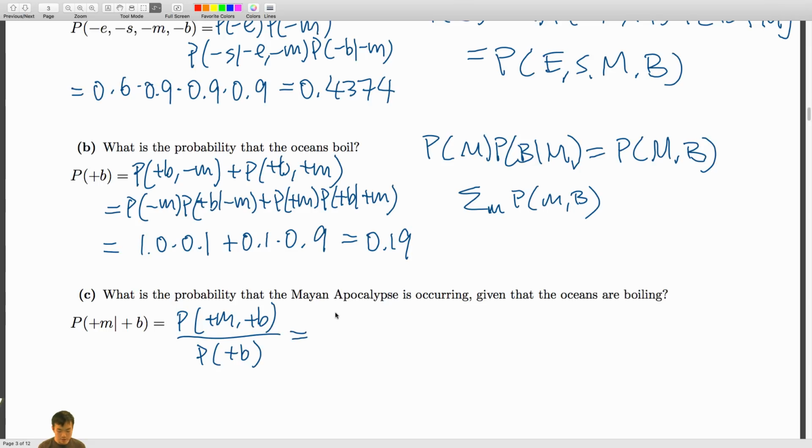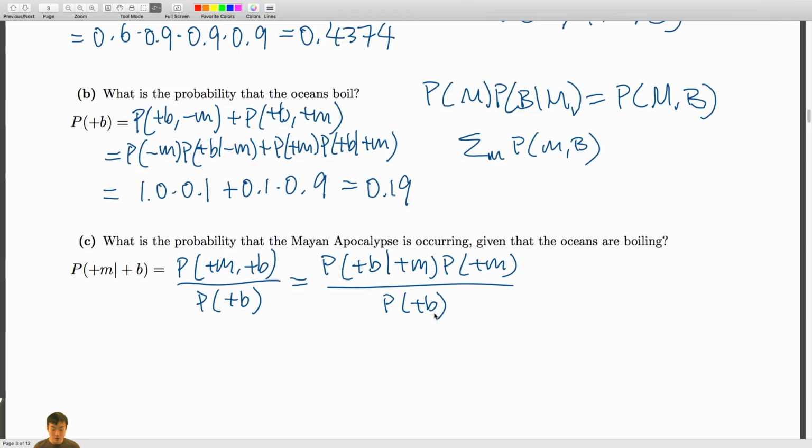And this is equal to the probability of plus B given plus M times the probability of plus M, over the probability of plus B. For this probability, we notice that the denominator is already computed from part B, and for the numerator, these are just tables from the factors we have up there.